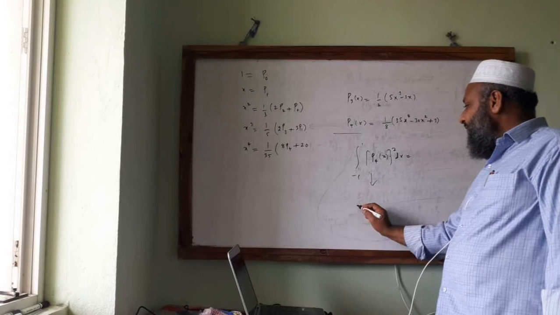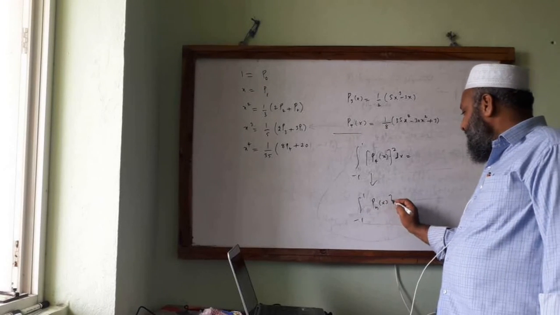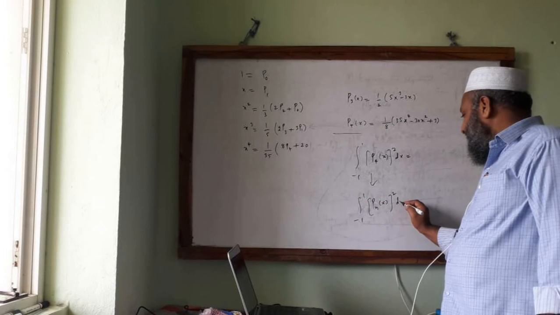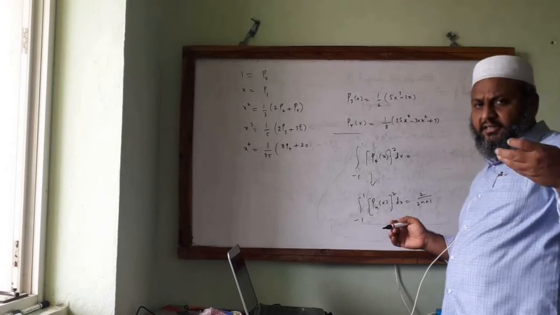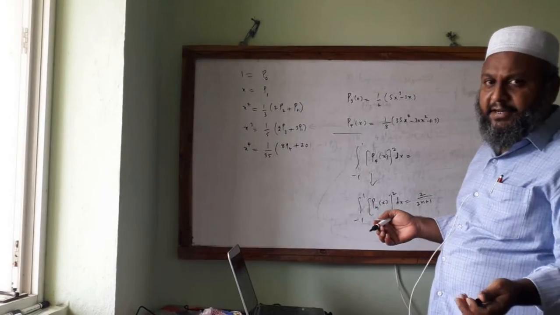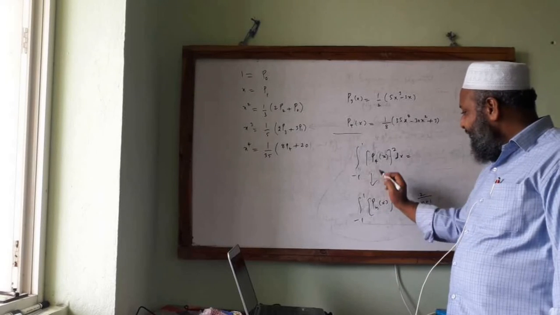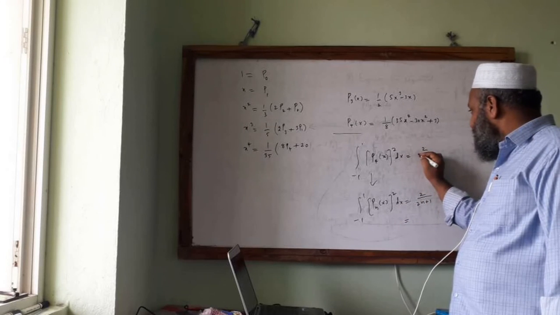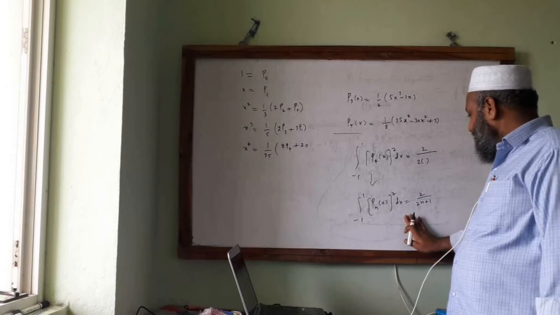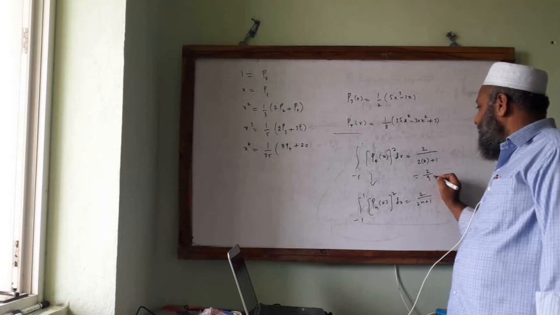Then you have to use the rule: the integral from -1 to +1 of Pn of x whole square dx is 2 by 2n plus 1. Its proofs are available in any standard textbook. Here n is 4, so it is equal to 2 by 2 into 4 plus 1, which is nothing but 2 by 9.